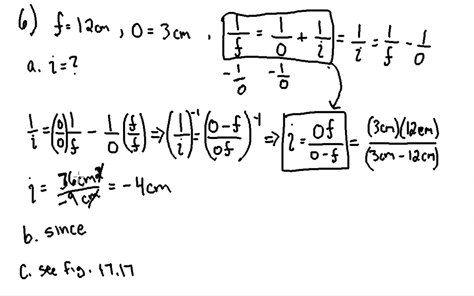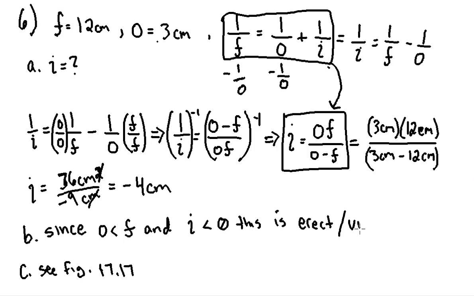Since, and we can see it up here, O is less than F, and there's another thing, our image distance is less than 0, not O, but 0. This is erect and virtual.